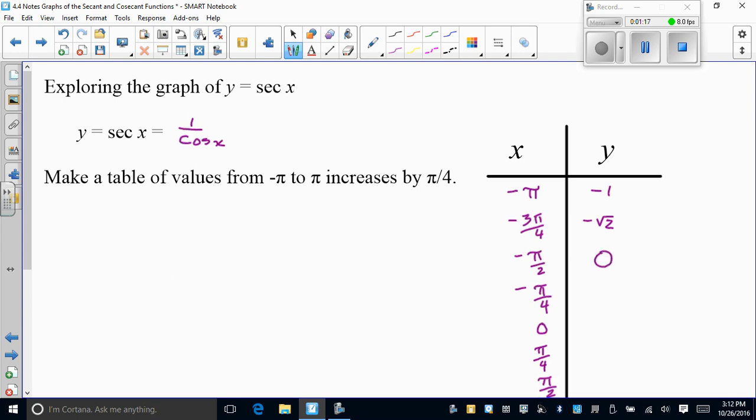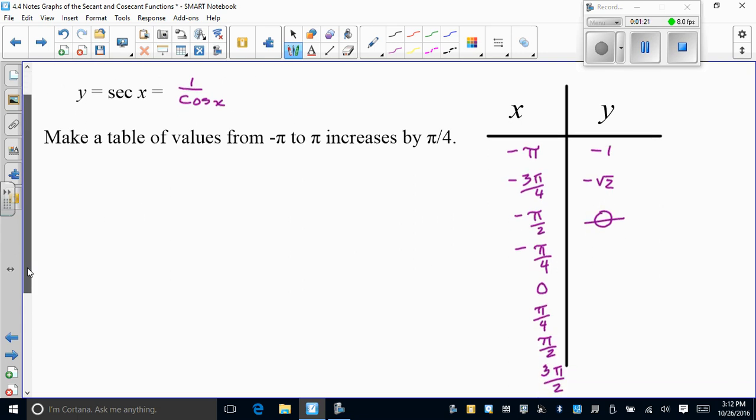At negative pi over 4, cosine is radical 2 over 2, so this will give you radical 2. At 0, it is 1.